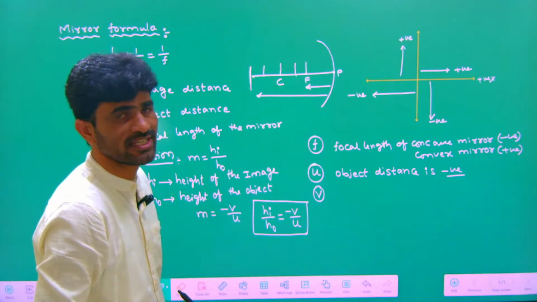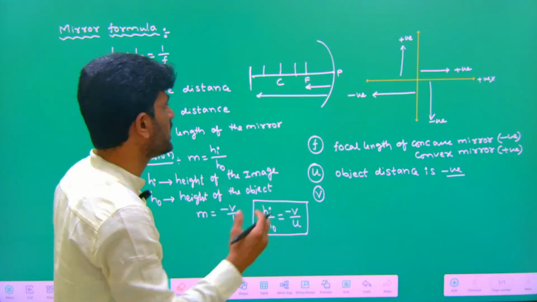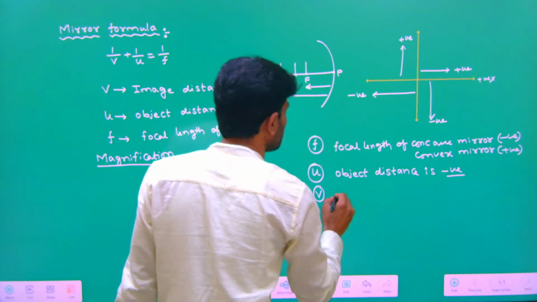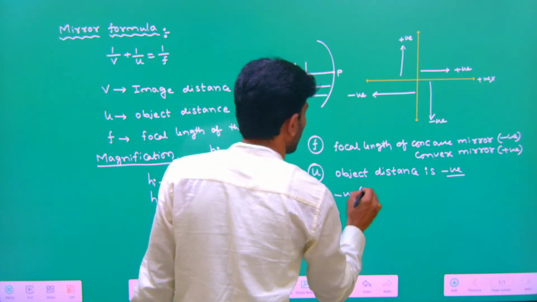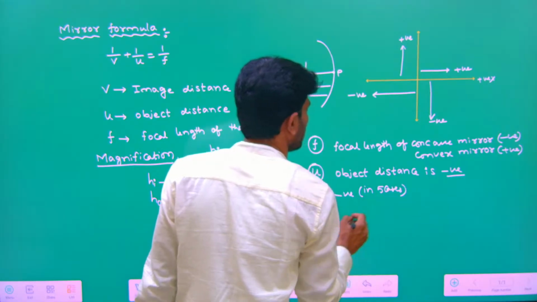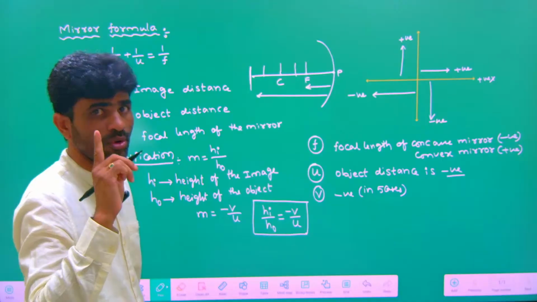A real and inverted image forms on the left side. So in all these cases in a concave mirror, it is negative. It is negative in five cases.